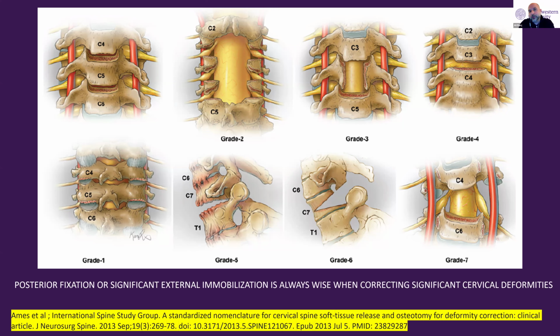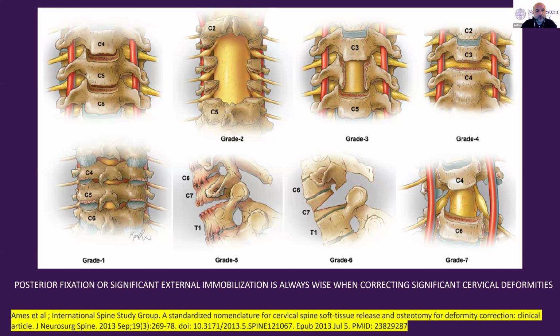But a lot of us are employing, and I'll show you some examples in a minute, the most common strategies, including posterior column osteotomies, PCOs, in combination with ACDFs or corpectomies to really realign and correct the vast, vast majority of cervical spinal deformities.